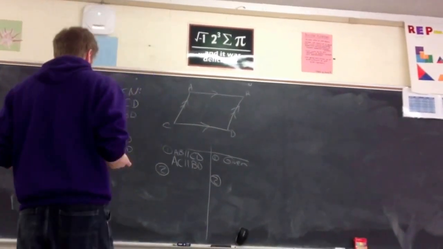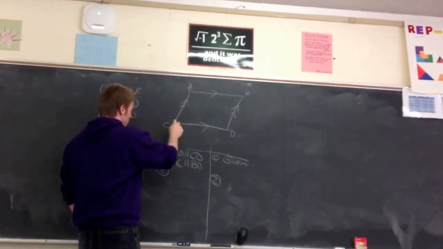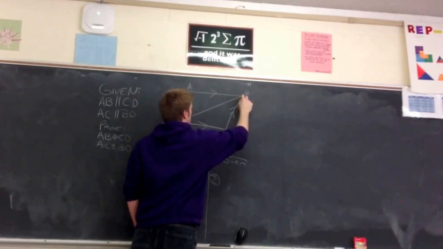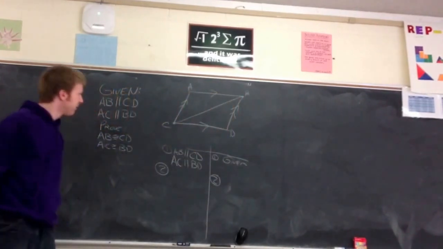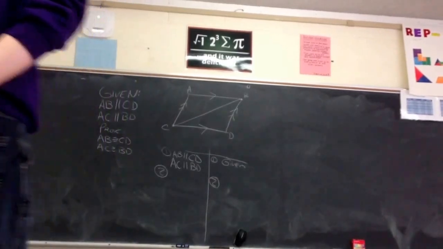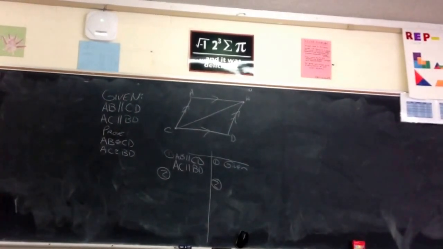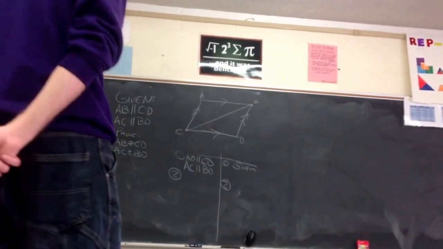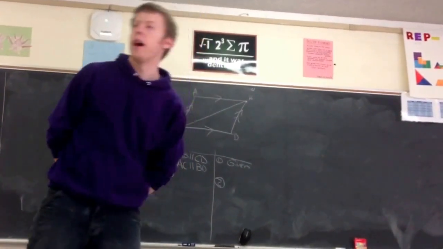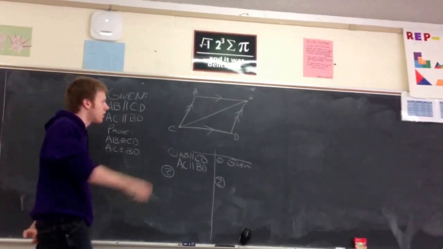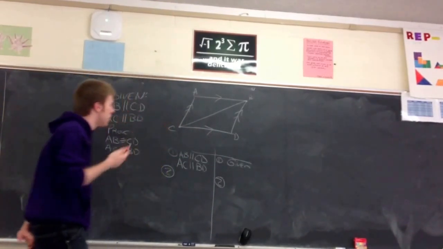What I'm going to do is draw a line right here. Draw the diagonal BC. Or you can do AD, it doesn't matter which one you do. You don't have to put that in your proof either. That's a straight edge construction. There's nothing you need to do for that.